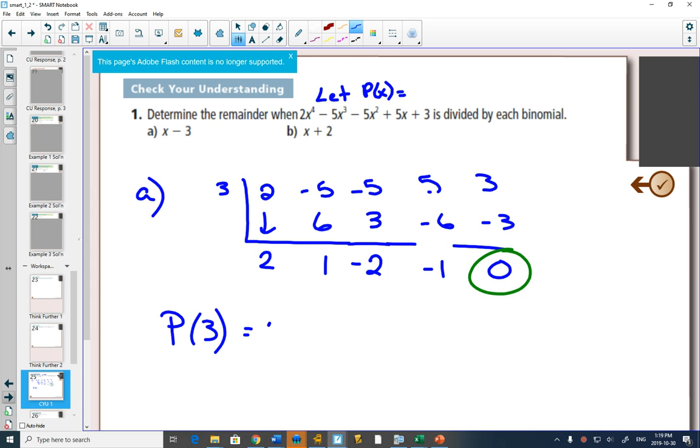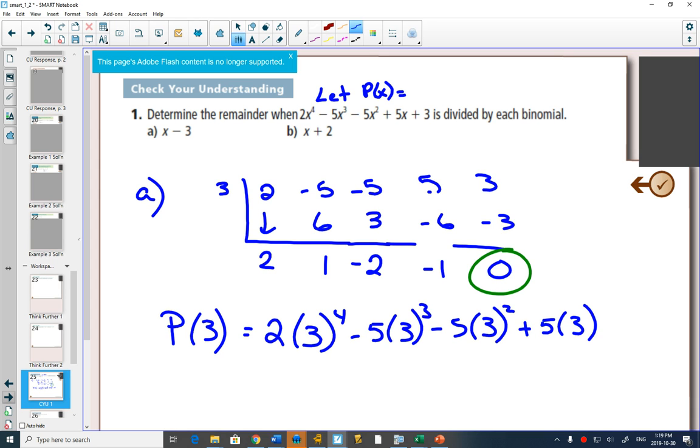If I plug in 3, I'm going to get 2 times 3 to the 4 minus 5 times 3 cubed minus 5 times 3 squared plus 5 times 3 plus 3. 3 to the 4, 3 times 3 times 3 times 3, 81 times 2, 162. 3 times 3 times 3, 27 times 5, minus 135. 9 times 5, minus 45.